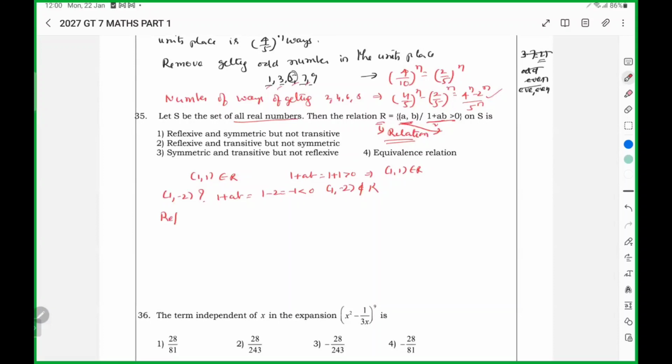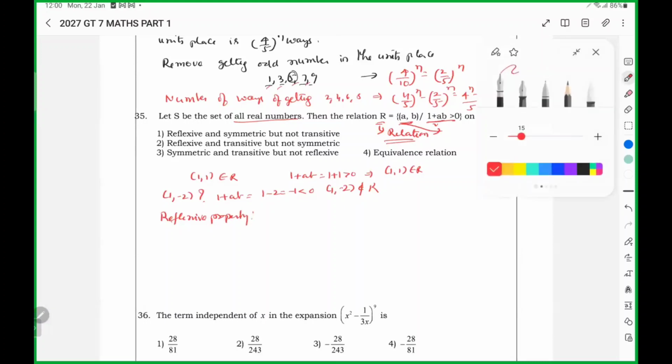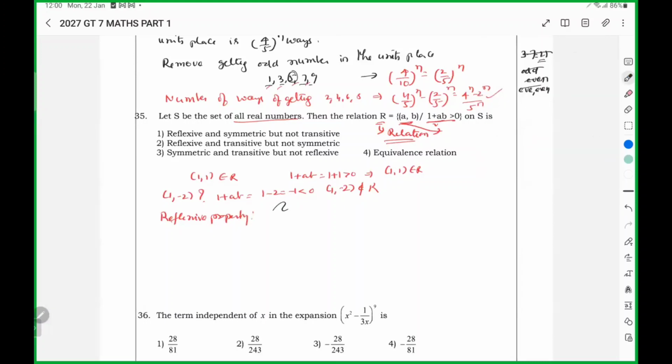You should know what the reflexive property is first. Reflexive property will be whenever a belongs to real numbers. To show the difference between R and R, I am taking this R to stand for real numbers, and this one stands for the set name.